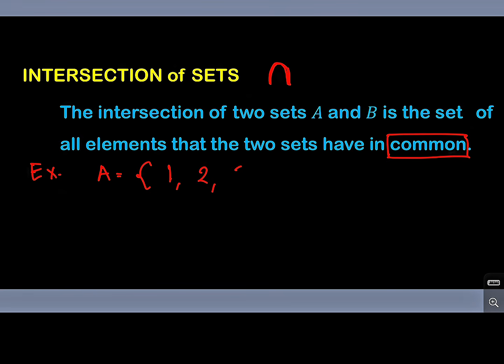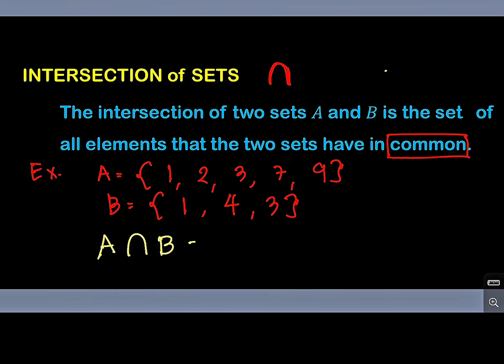Let's have an example. Set A is the set of 1, 2, 3, 7, and 9. And for our second set, set B is the set of 1, 4, 3.